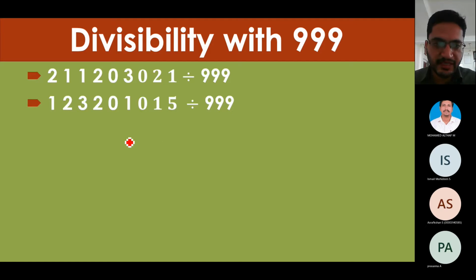Now next we have 211203021. Here we are to divide this number by 999. So I will make pairs of 3 digits.